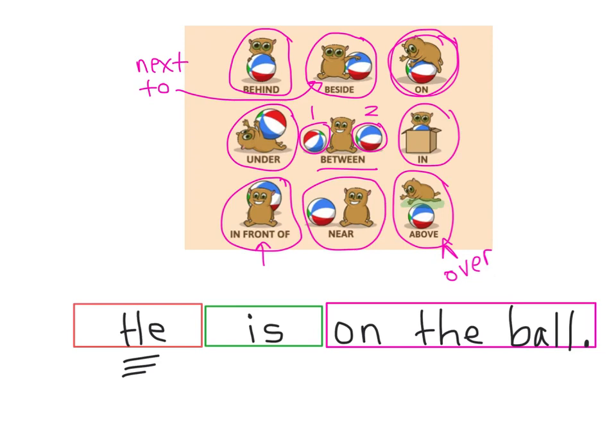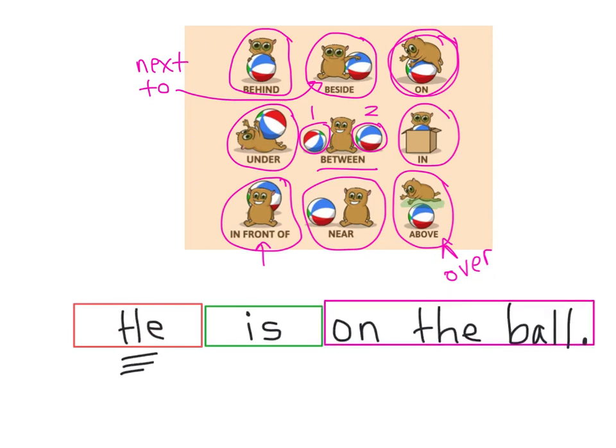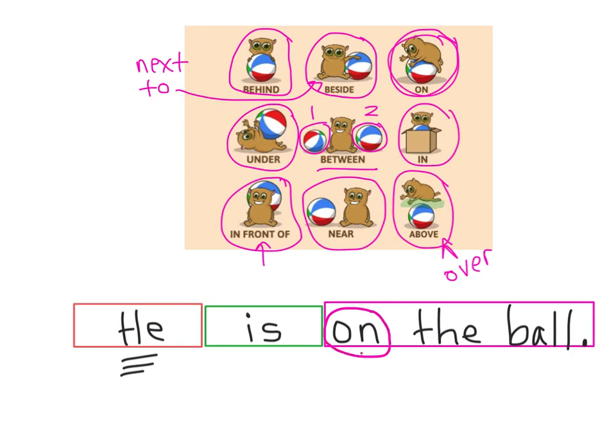Now I want you to look inside this pink box. We have the preposition at the beginning, but I want you to notice what is at the end of that pink box. This last word right here of the pink box is always going to be a noun, a person, place, or thing.